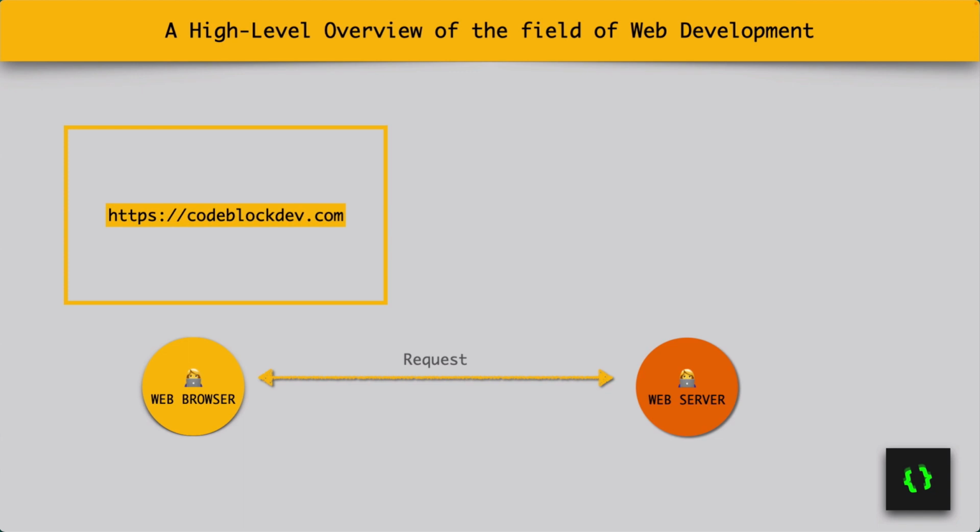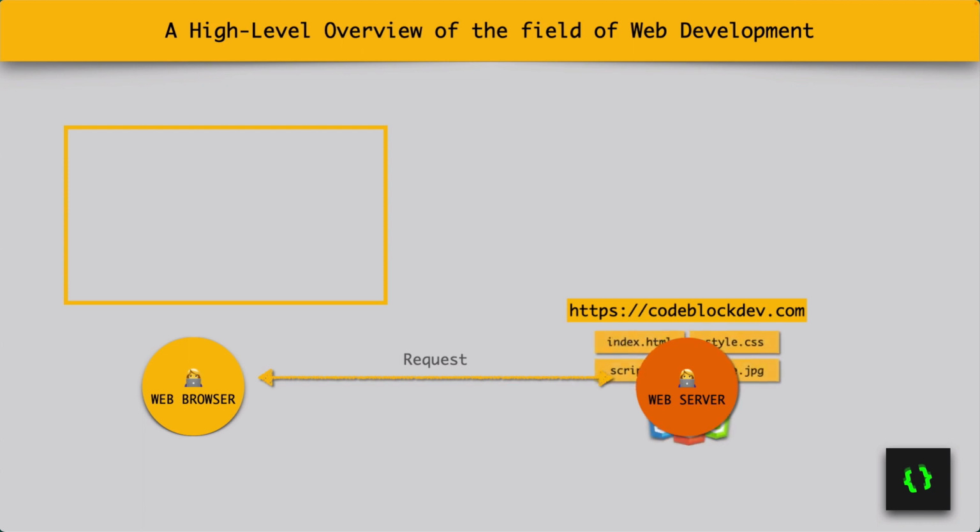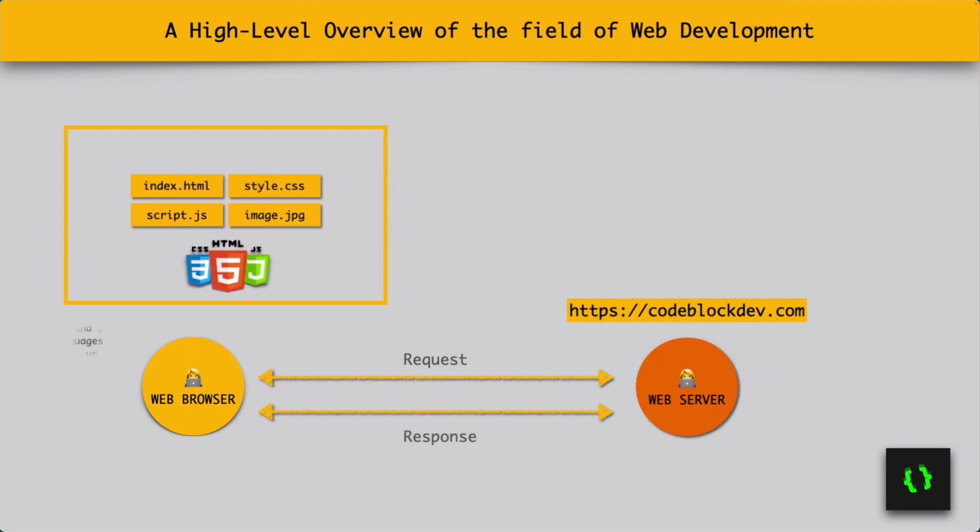So when we search for any website, the web browser will send a request to the server where the website is stored, and then when the server receives the request, it will take all the files that make up the website and send them back to the browser. So we say that the server sends a response to the browser which essentially contains all of these files that the website is made of.